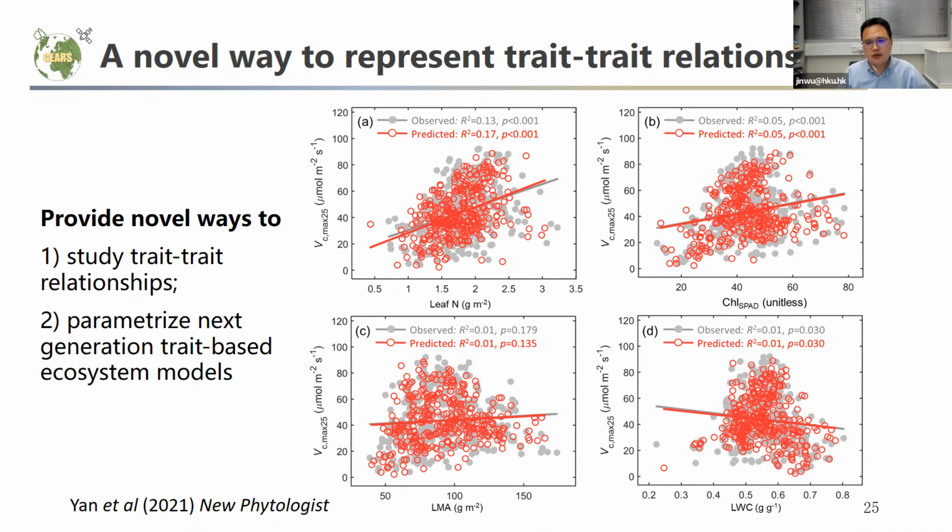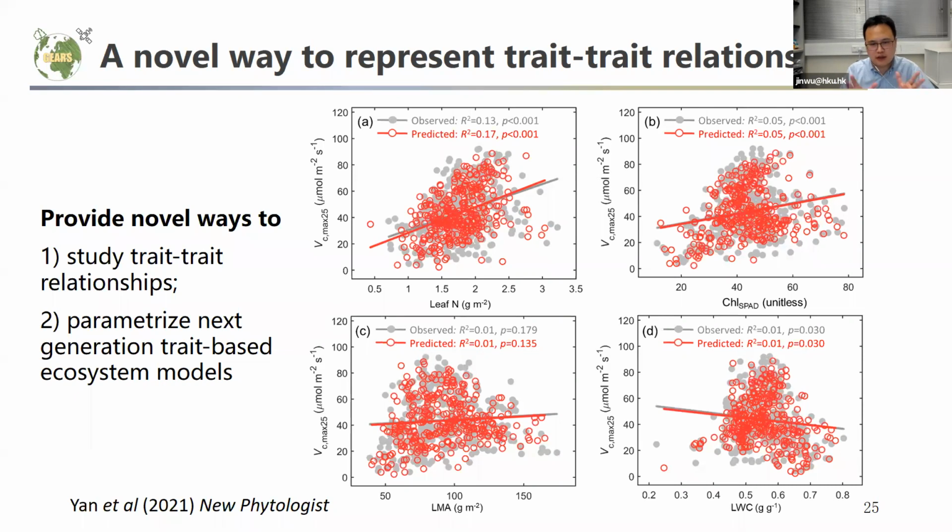And why this is important, like Jing Yang pointed out, is that for the next generation of our seasonal model, we will soon move on to a trait-based ecosystem model. A lot of trait-based models sometimes use trait covariance. Even when the real data show a weak relationship or no relationship, in the models we sometimes use a linear relationship, with the assumption that they are highly correlated.